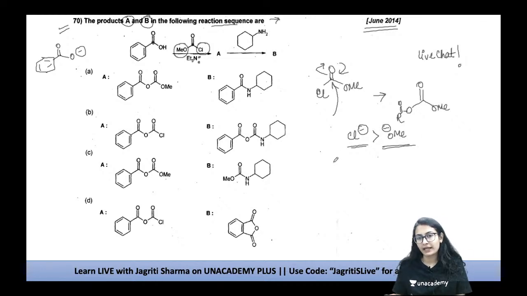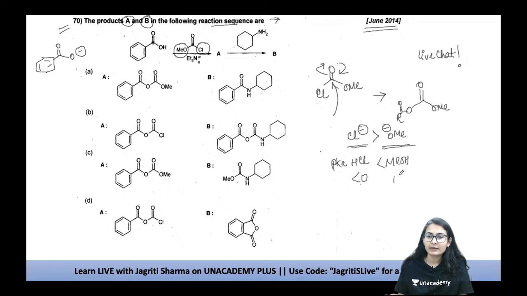Because if we compare the pKa values of HCl, which is very low, less than 0, and the pKa of methanol, approximately around 16, definitely you can see that HCl is a very strong acid. If it is a very strong acid, then the conjugate base is going to be a very weak base, and it wants to stay free.